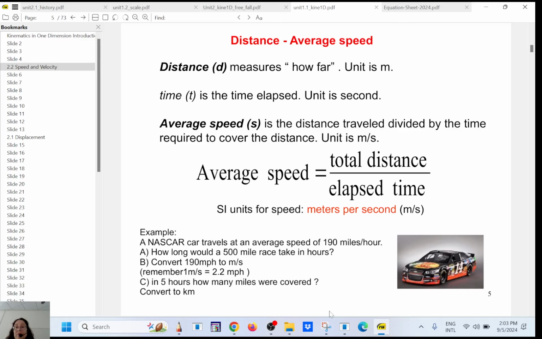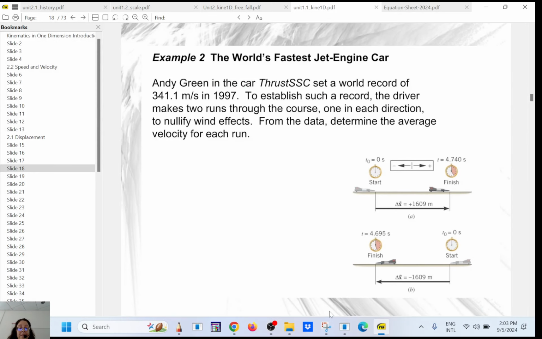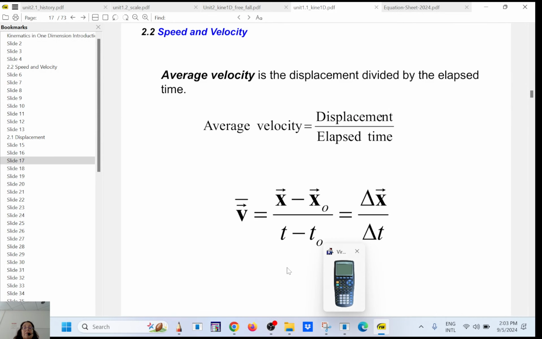Okay, so just a review. I fixed my slide. I was missing one slide here, so it's back. By definition, the average velocity, and velocity is a vector, is the displacement over time.